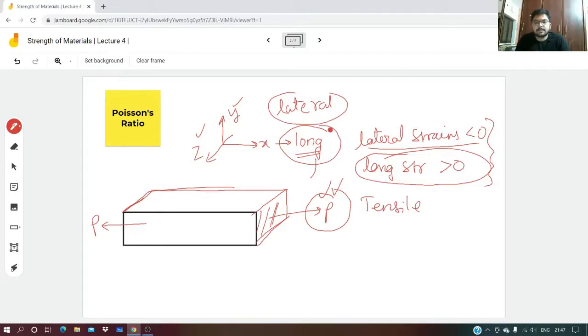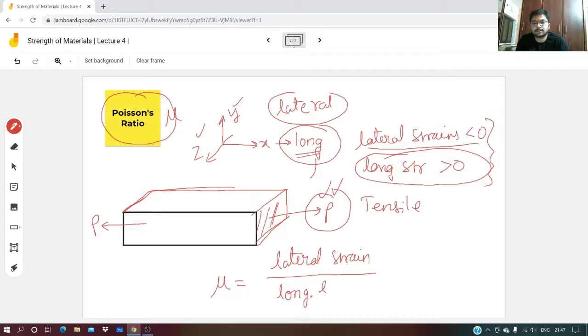to combine them together under a ratio terminology, there is something called this Poisson's ratio, which we denote by mu. That mu is equals to originally lateral strain by longitudinal strain.